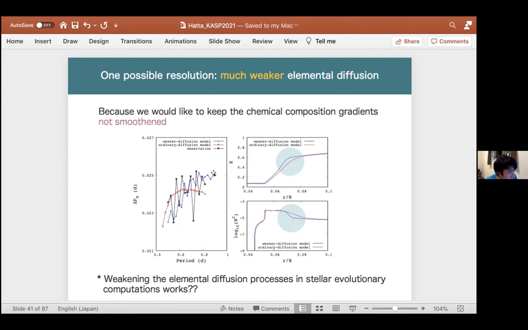Finally, when we computed the delta PG pattern based on the weaker diffusion model, it has a larger amplitude compared with the ordinary diffusion model. So now we are thinking that weakening the elemental diffusion processes in the stellar evolutionary computations works.